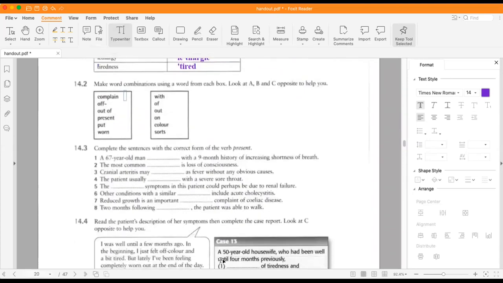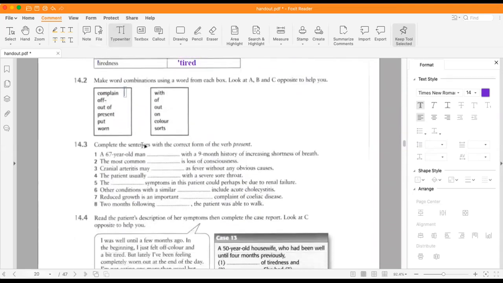All right. So here we say complain, complain of. We say off color. We say out of sorts. We say present with. We say put on and worn out. So here, complete the sentences with the correct form of the verb present.